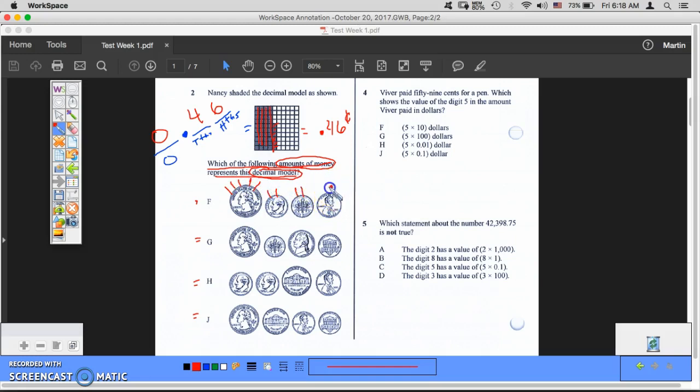That's a penny right here. Boom. So this number here would be 46 cents. Remember, you can also draw the amount next to the coins. And that'll help you keep track of what you have. So it's 46 cents, so it looks like this could be my answer, but let me go check the other ones.